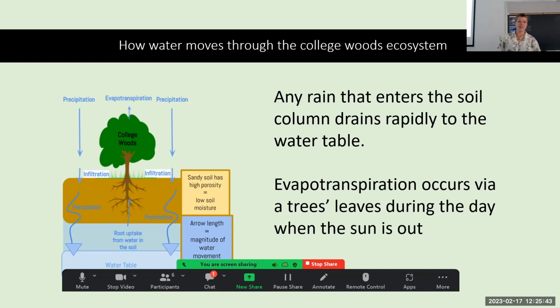And any rain that enters the soil column is going to drain really rapidly because the soil is really sandy, so it has a high porosity, which means it's going to drain really quickly. And then right above the water table, the tree roots are going to uptake that water from the soil and then evapotranspire through the leaves, and that happens during the day when the sun is out.